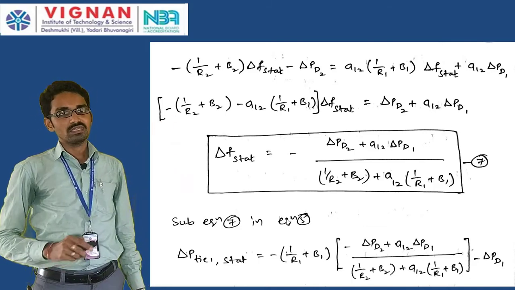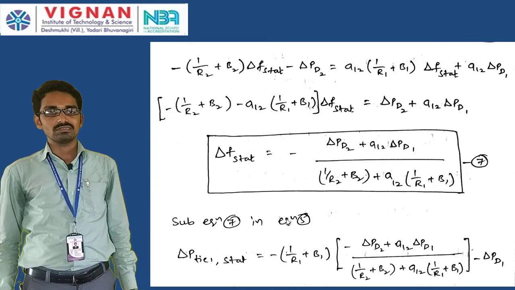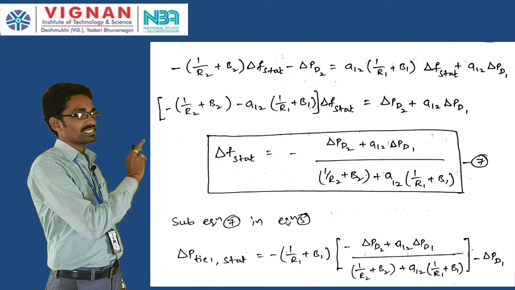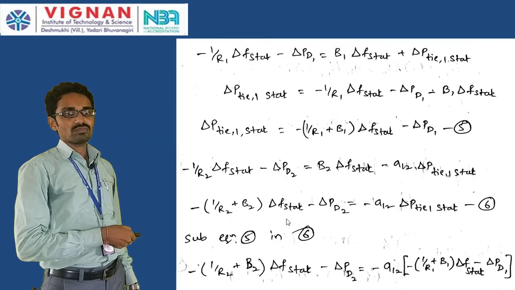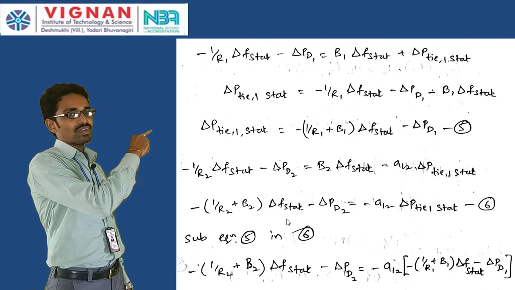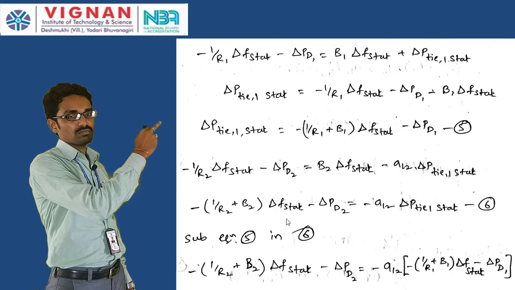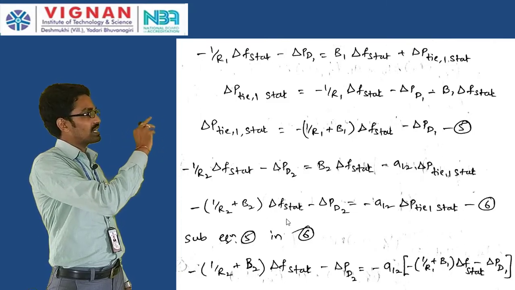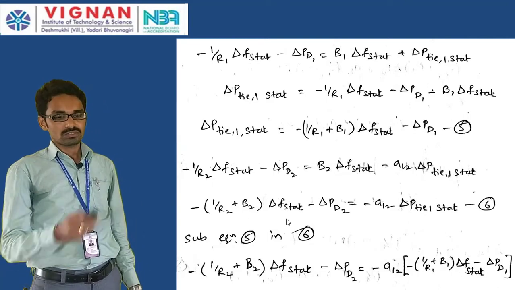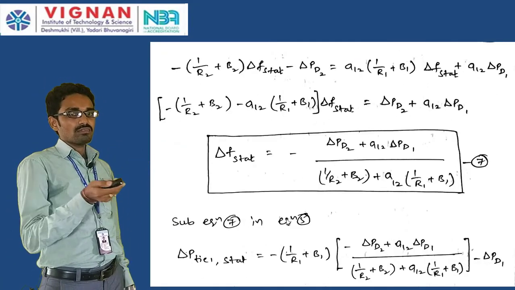That is the delta F static equation, equation 7. Now I substitute it in equation 5. Equation 5 is nothing but delta PT1 static, that is equal to minus 1 by R1 plus B1 into delta F static minus delta PD1. That is your fifth equation.